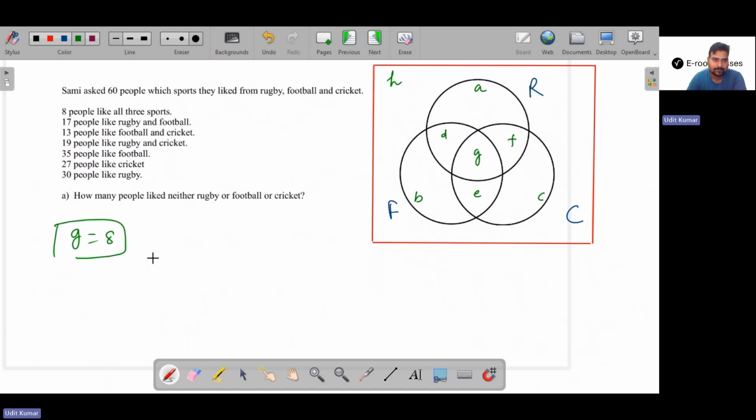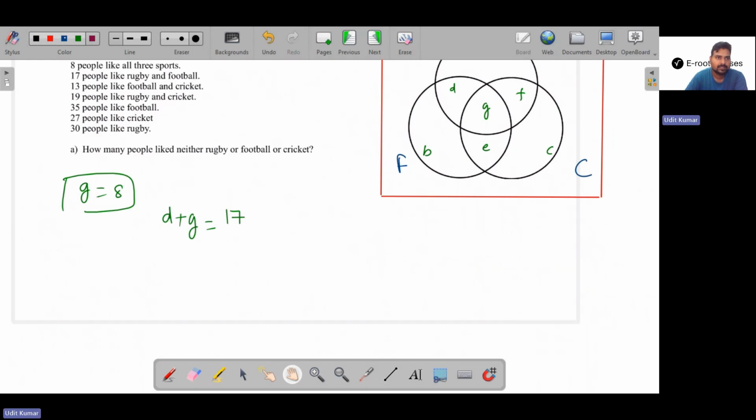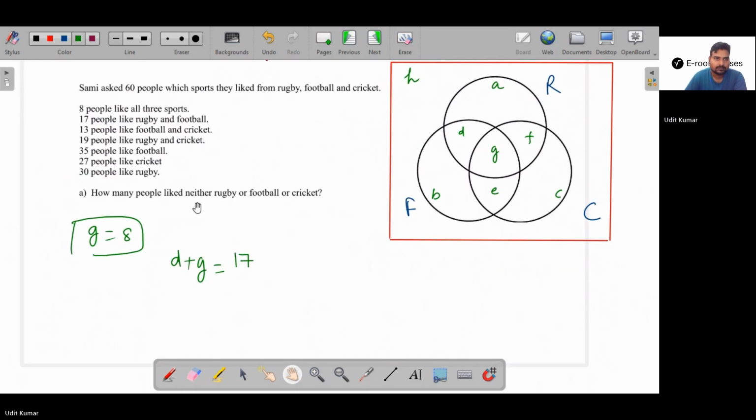D plus G. So D plus G will be 17. And one more thing at the start, we'll write A plus B plus C plus D plus E plus F plus G plus H should be 60. Okay, this information is also done.